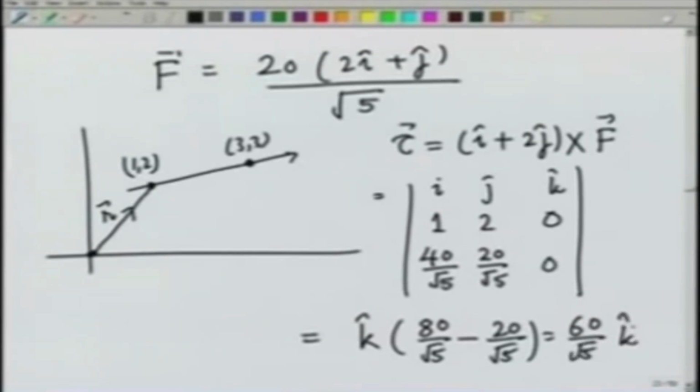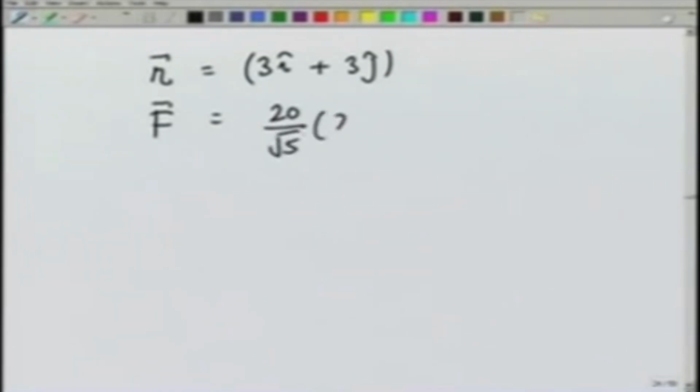That is the torque. What will torque be if I take r instead to be the vector from the origin to 3, 3? Let us calculate that. So, that vector is going to be 3 i plus 3 j. Force of course is 20 over root 5 times (2 i plus j) newtons.